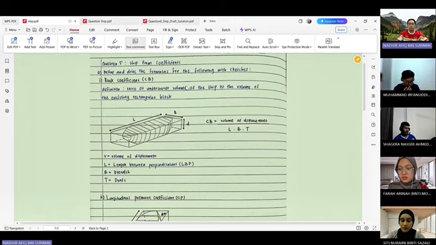The definition is the ratio of the underwater volume of the ship to the volume of the enclosing rectangular block. The formula is CB equals volume of displacement over L times B times T, where L is length between perpendiculars, B is breadth, and T is draft.